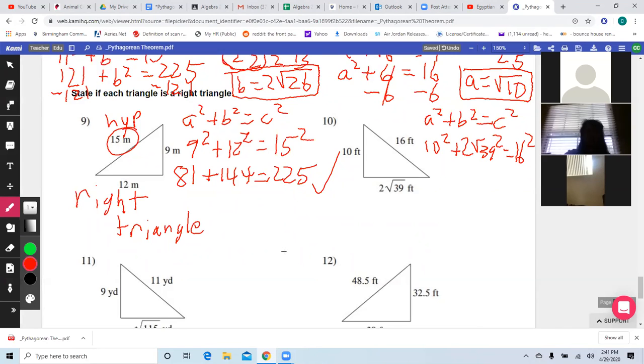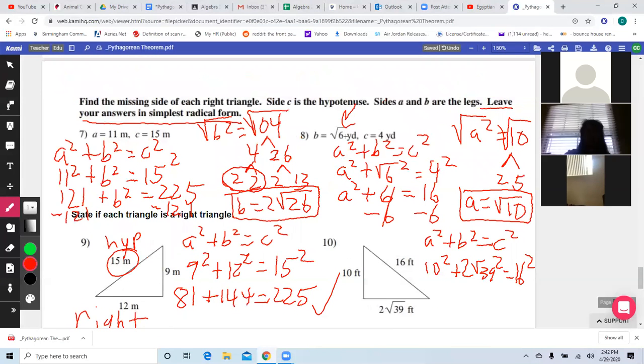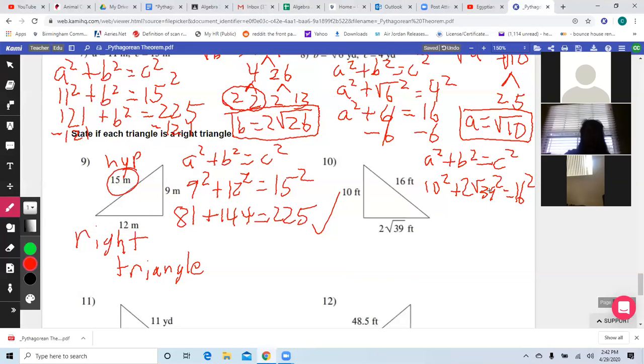Remember, I told all of you just from number 8 here, a square and a square root cancel each other out. So see how square root of 6 squared just became 6? Same thing is going to happen here. I have square root of 39 and I have the squared here. But what's really happening is there's a parentheses around all of this. So we are not just squaring the root 39, we are also squaring the 2.